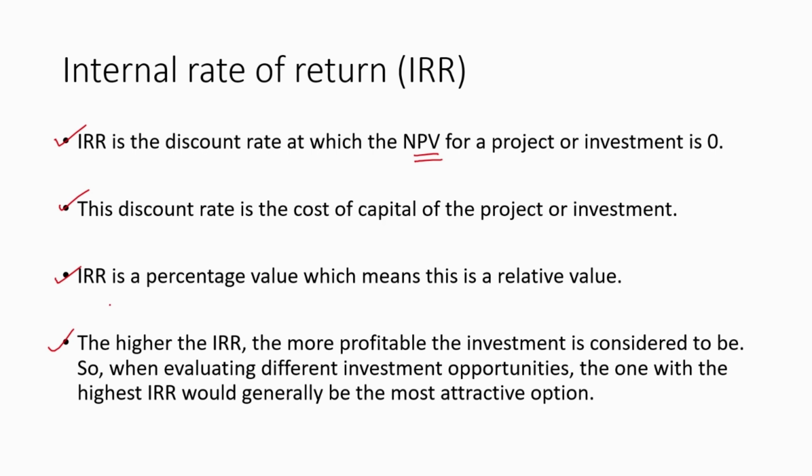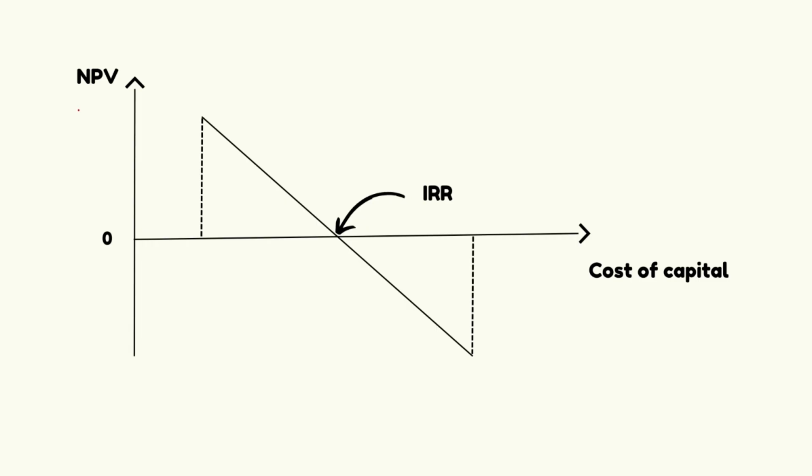Under the NPV technique, we calculated the absolute return from a project. Here we are going to calculate the cost of capital or the discount rate at which the NPV will be equal to 0. This is how we can illustrate the IRR. The Y-axis depicts the NPV value.